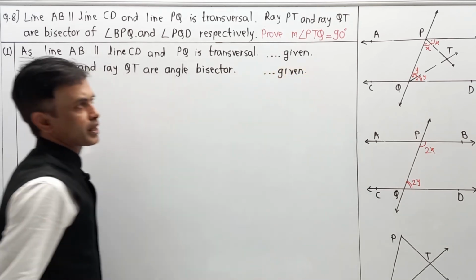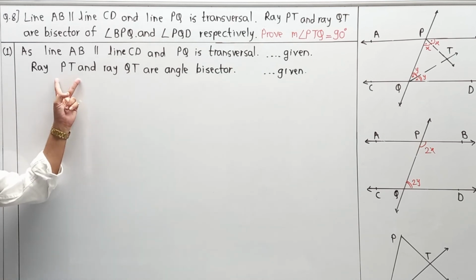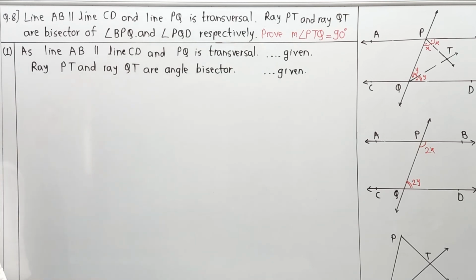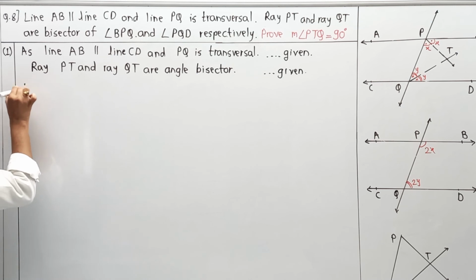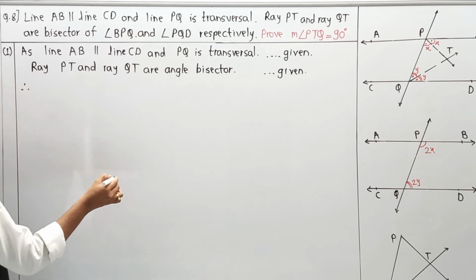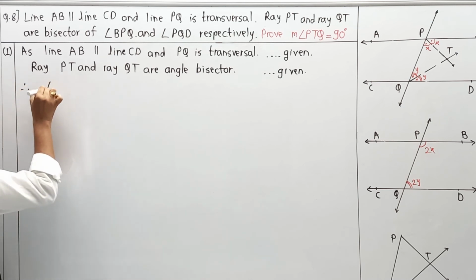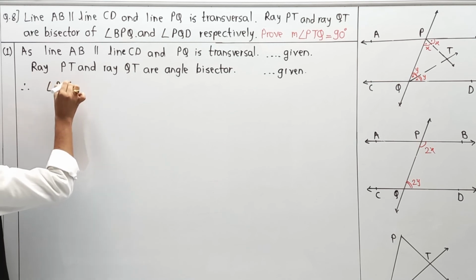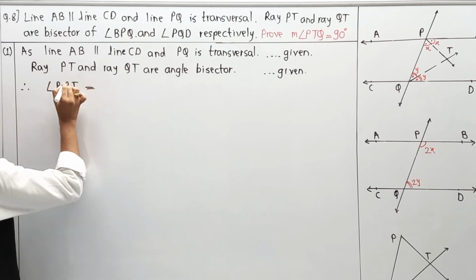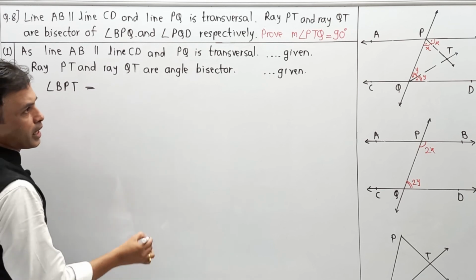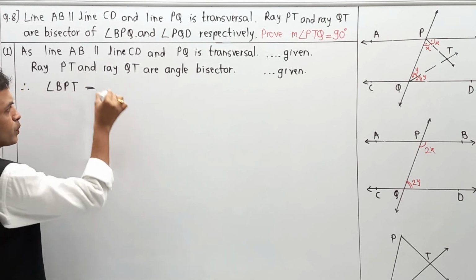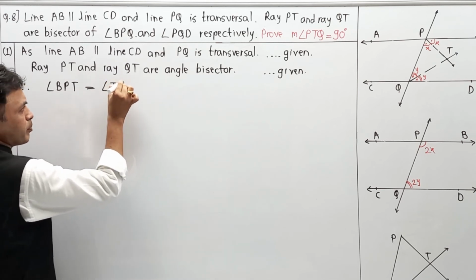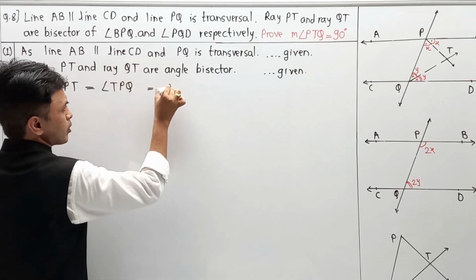So we have two parts. First, ray PT is the angle bisector of angle BPQ. So, declaration: therefore angle BPT is equal to angle TPQ, and angle TPQ is equal to x.